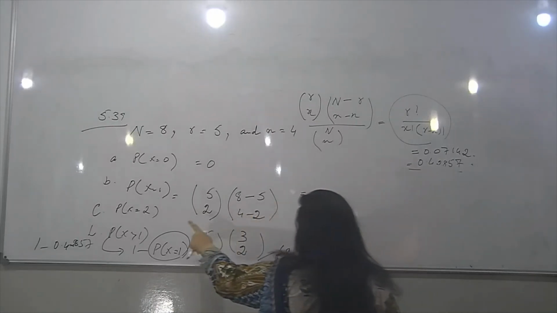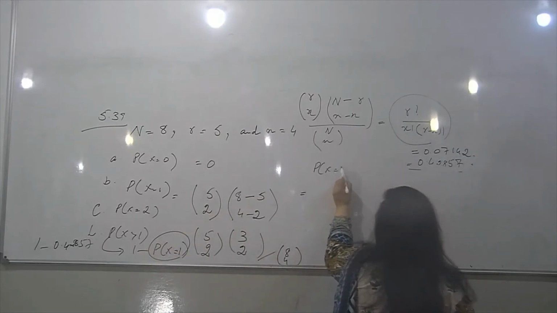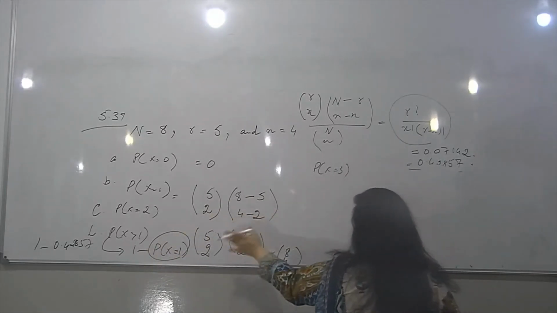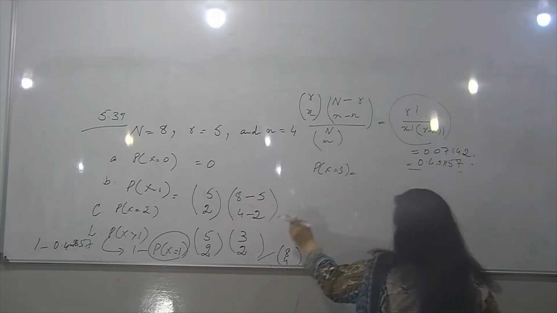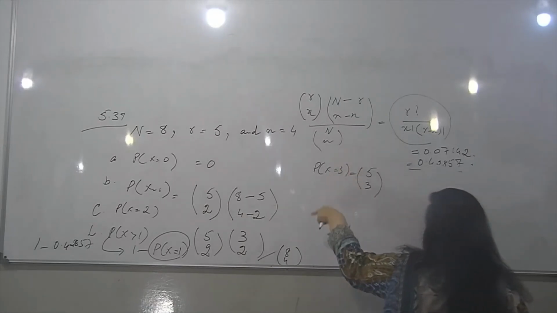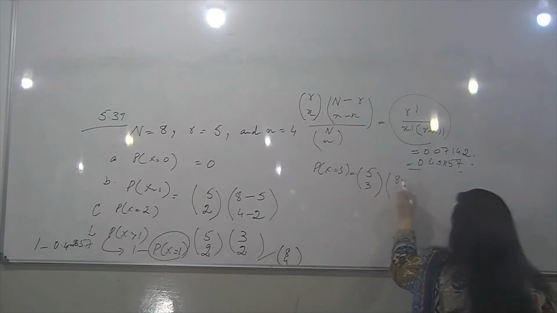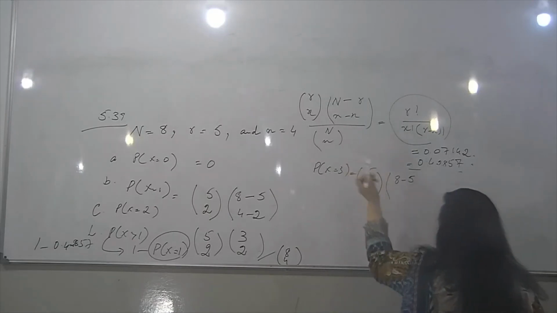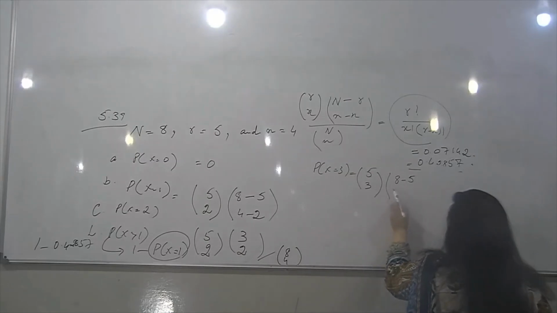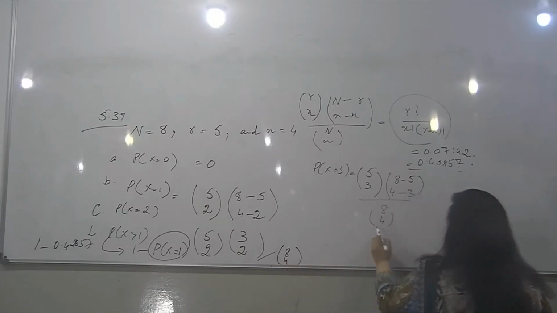Now, if I keep raising the number, probability of x equal to 3 in this case will be, I'm just going to be rewriting this part. This is actually 5C3, because it is just RCX, it's just 5C3 into 8 minus 5, but that remains the same because we have R as constant, and 4 minus 3 over 8C4, that won't change.